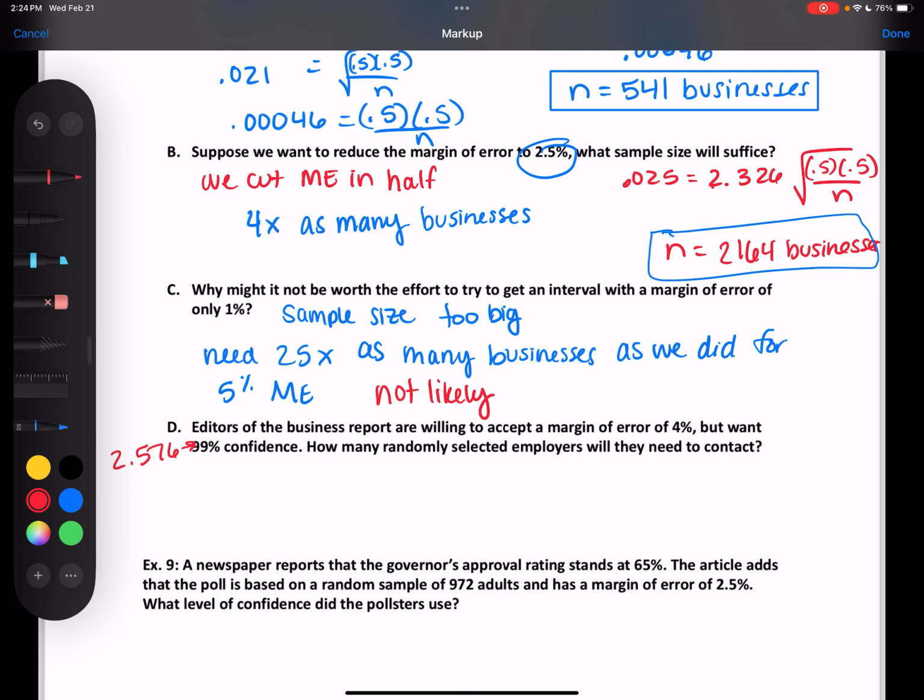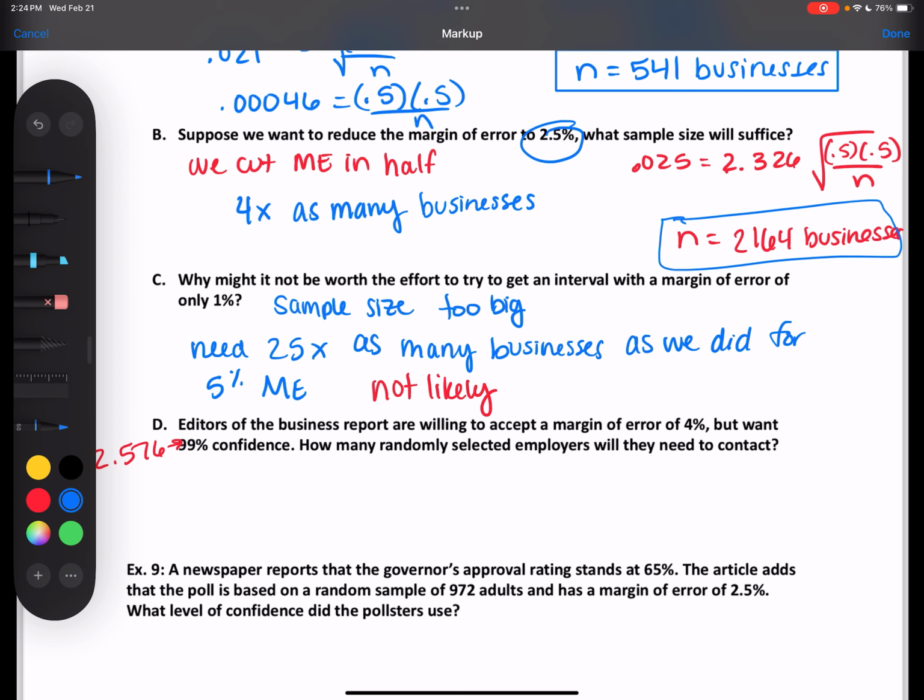How many randomly selected employers will they need to contact? Any guesses on how I set this one up? Same way. So do we start with 0.04?